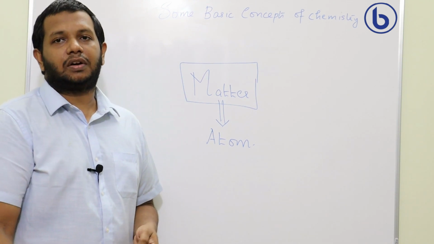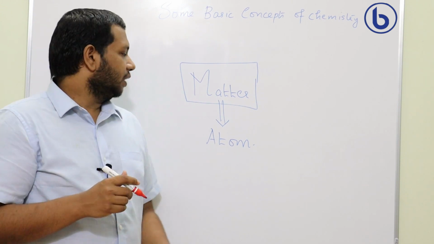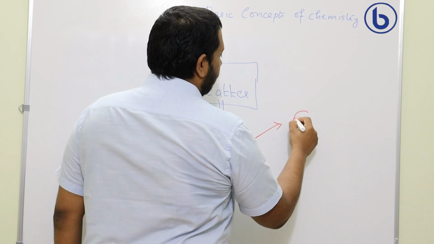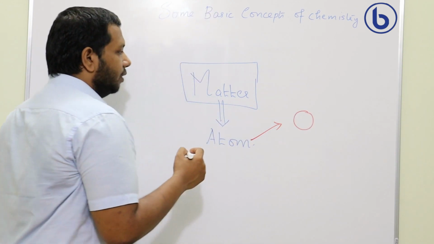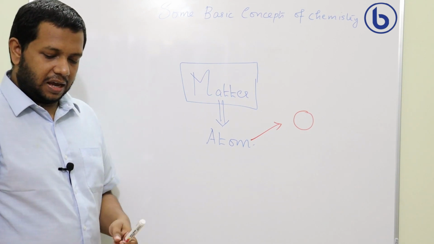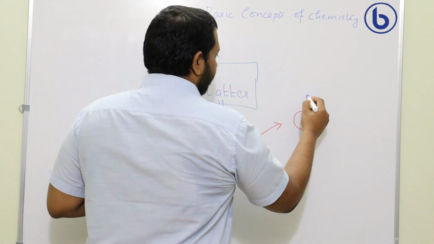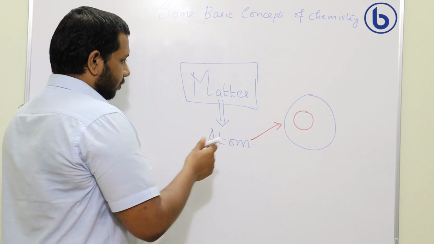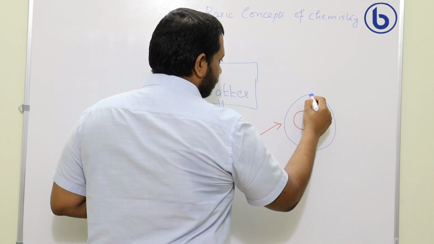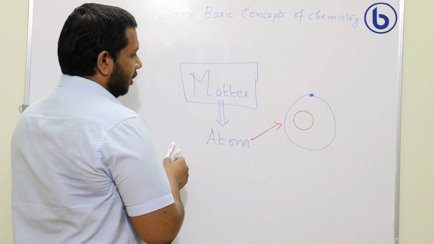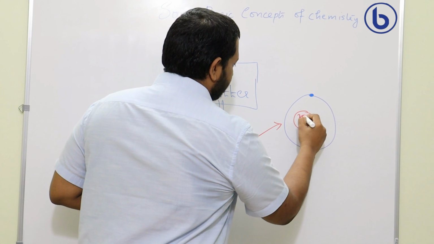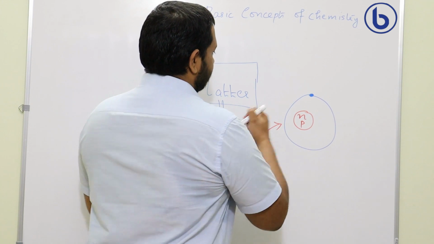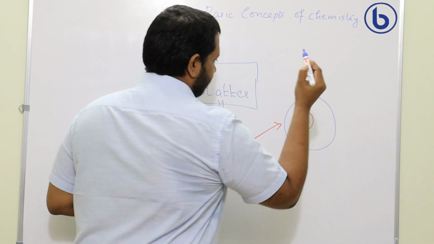Now what does an atom basically consist of? An atom has mainly a nucleus, and there are electrons revolving around it in orbits. The nucleus has particles which we call neutrons and protons, and the electrons revolve around the nucleus.